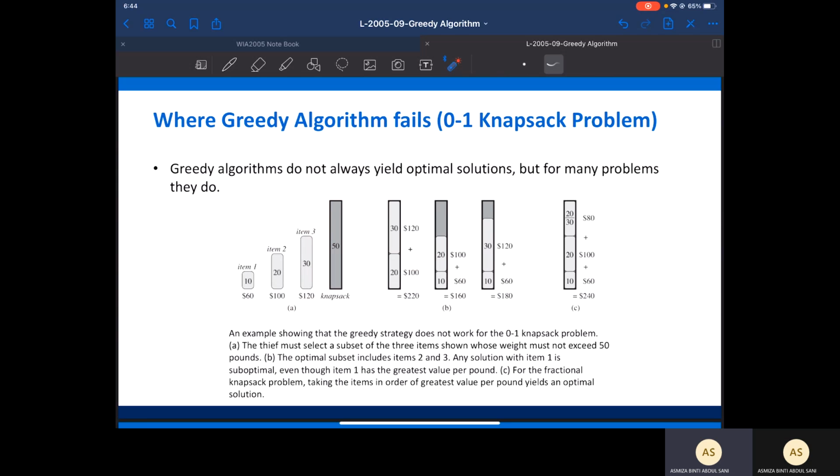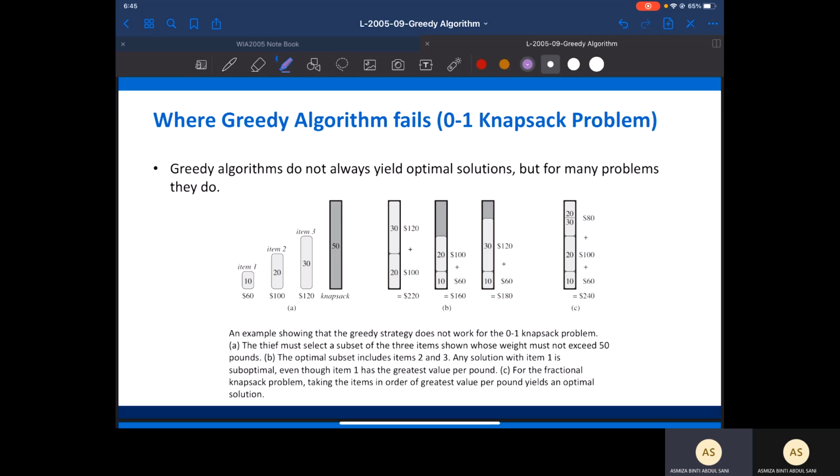Or if you choose to take item one, which gives more value per kg, and then you choose to add in either 20 or 30, it will still not give you the optimal solution, even though item one gives you the best value per kg. So this is the most profit that you can get if you use the greedy method for the 0-1 knapsack problem.